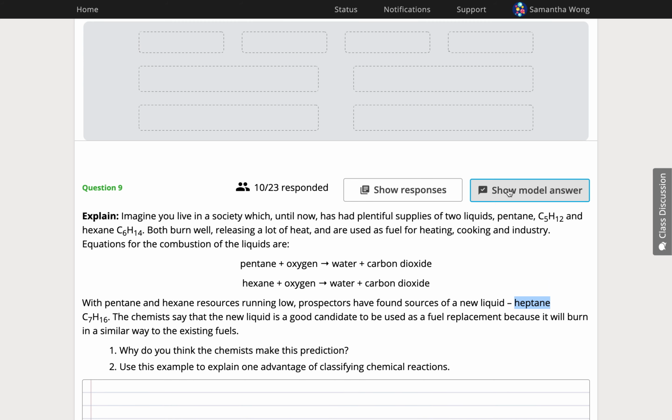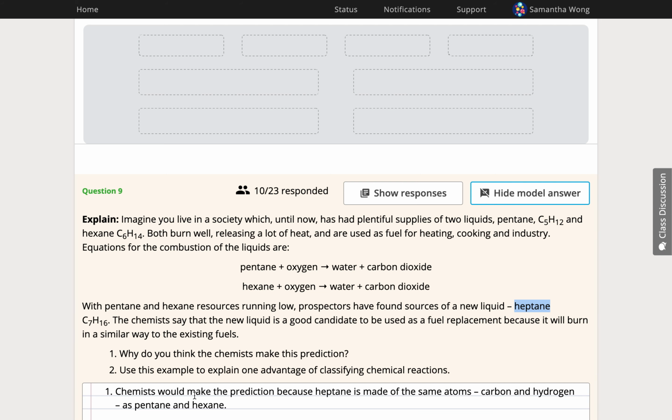As such, for number 1, what you could say is, chemists would make this prediction right here, because heptane is made up of the same atoms, carbon and hydrogen, as pentane and hexane are. So because they're made up of the same components, chances are they will react in a similar manner, or they will behave in a similar manner. It's not to say they are exactly the same, because they're not, but they may have some overlapping traits.